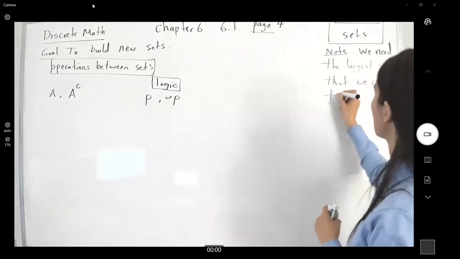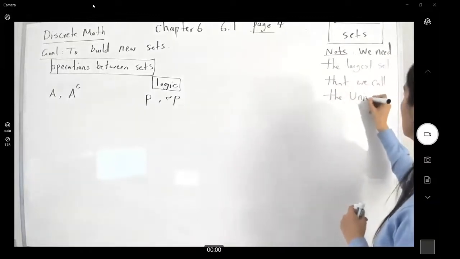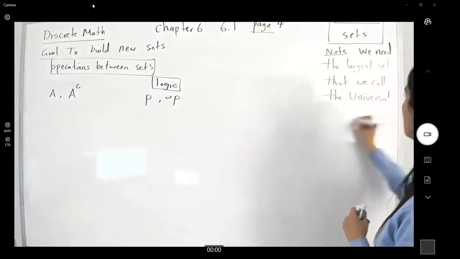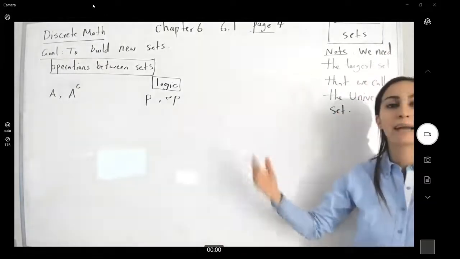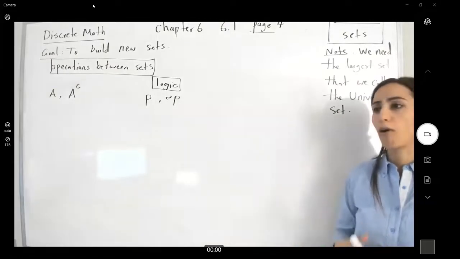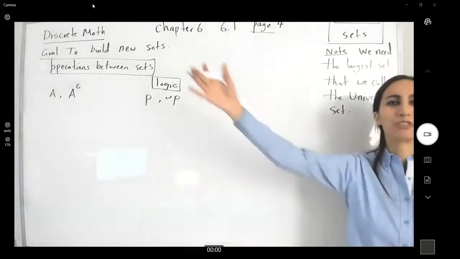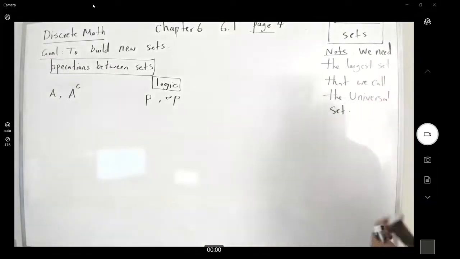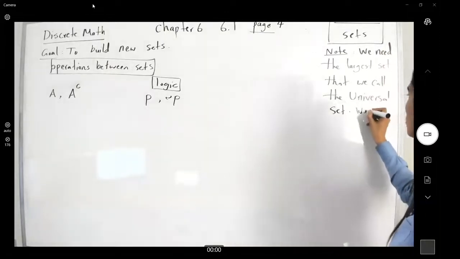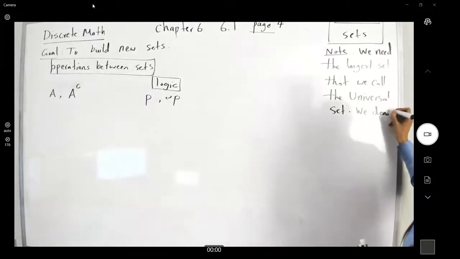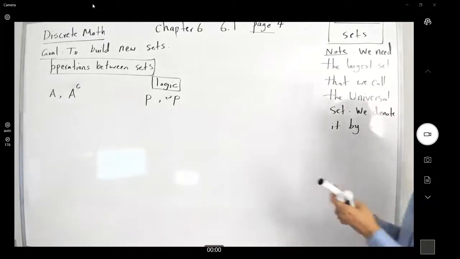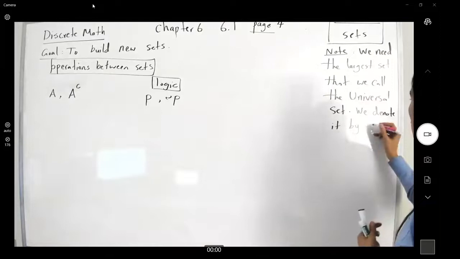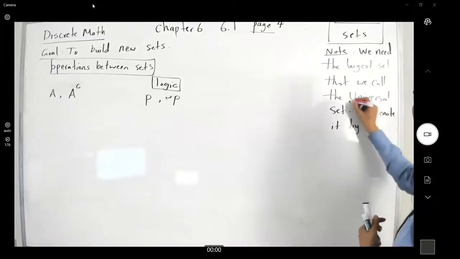Think about the universe, including all planets, all stars, all galaxies. We denote it by U, and we call it the universal set.